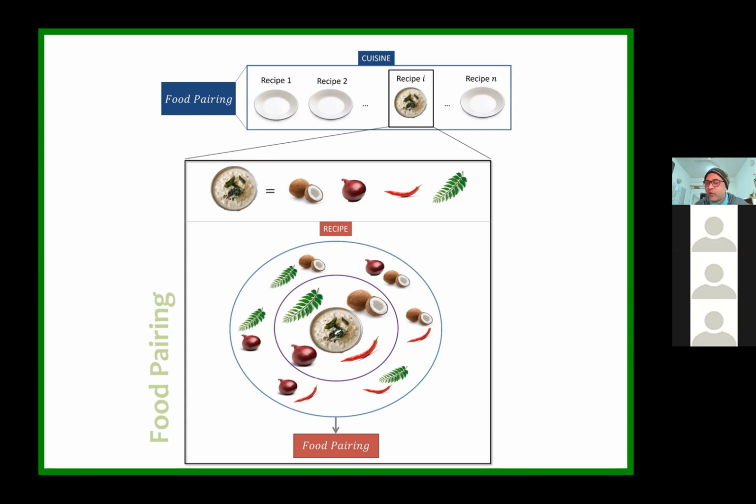And you take an average of all of this, and that gives us the average number of shared flavor molecules across all pairs of ingredients in the given recipe. That is nothing but our food pairing index of a recipe. And by taking mean and standard deviation across all the recipes, we can get the food pairing index of the whole cuisine as well.